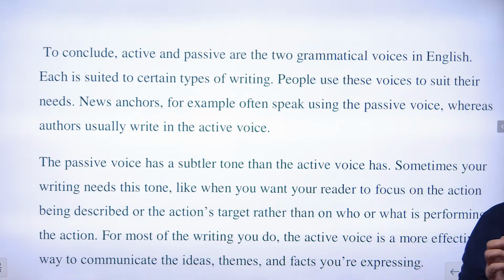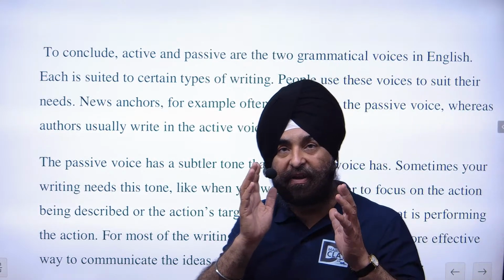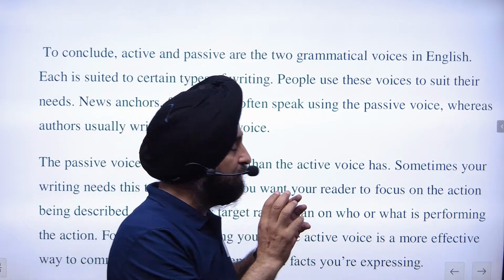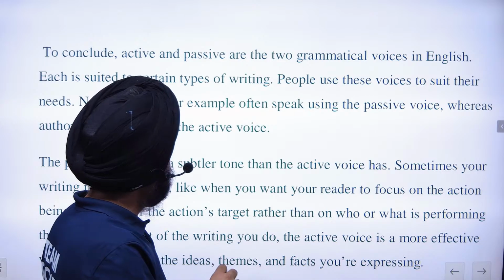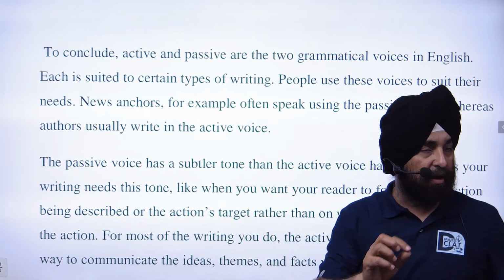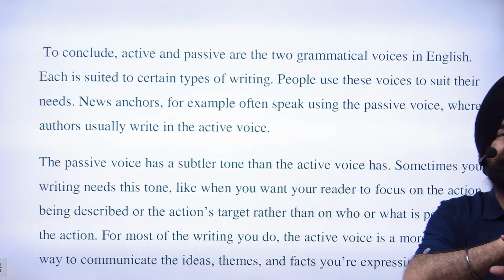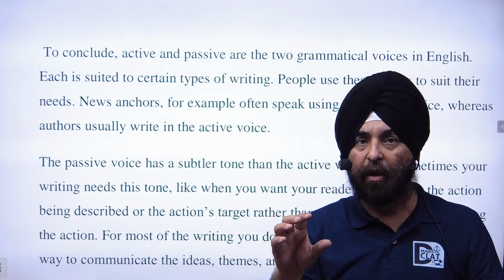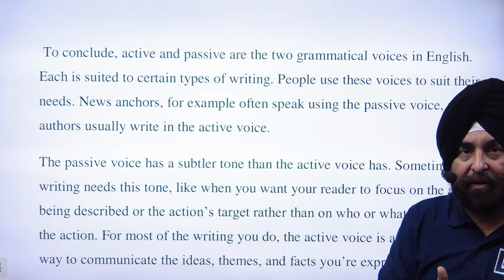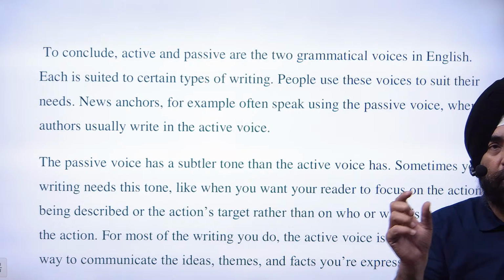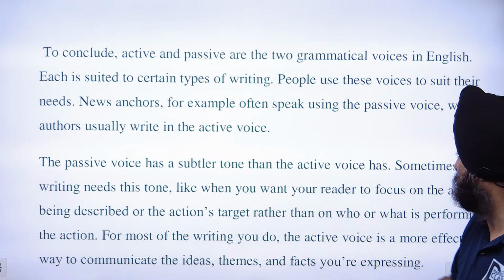As I mentioned, when you look at news anchors, they often speak using the passive voice, whereas authors at times generally write in the active voice, because they are writing something very straightforward. The passive voice has a very subtle tone as compared to the active voice.